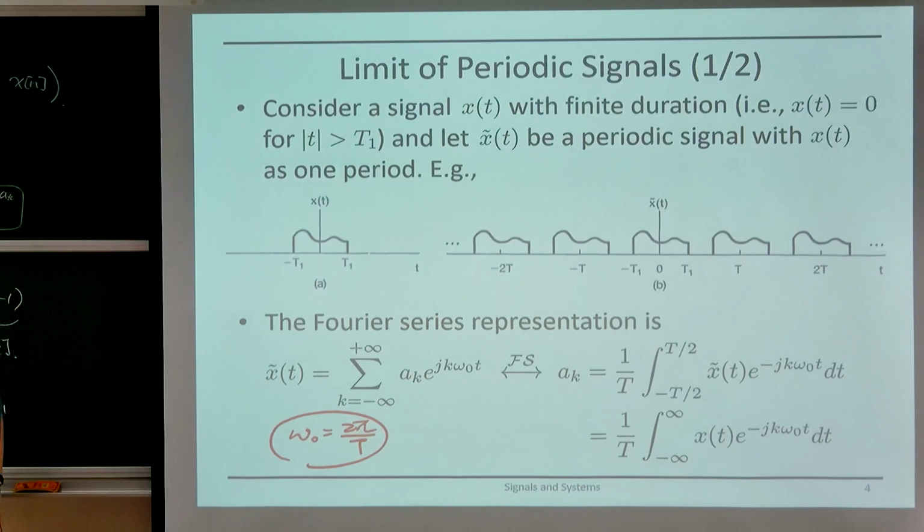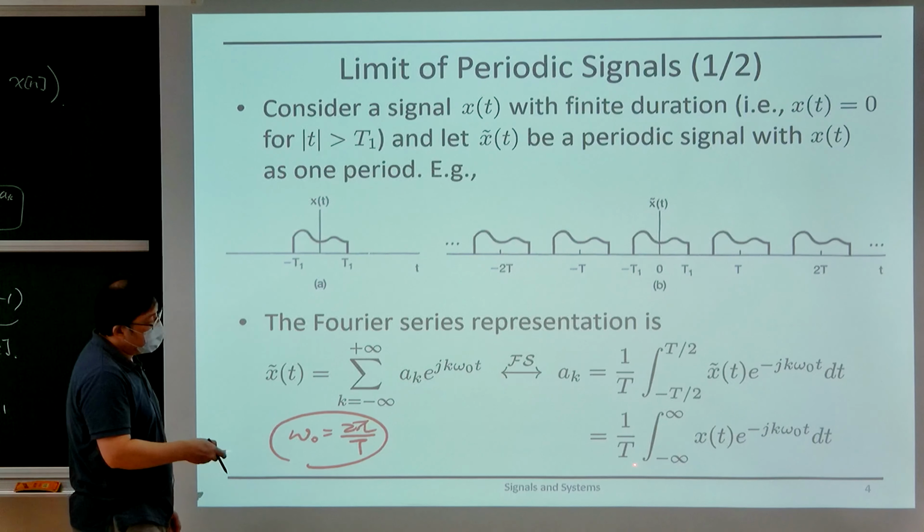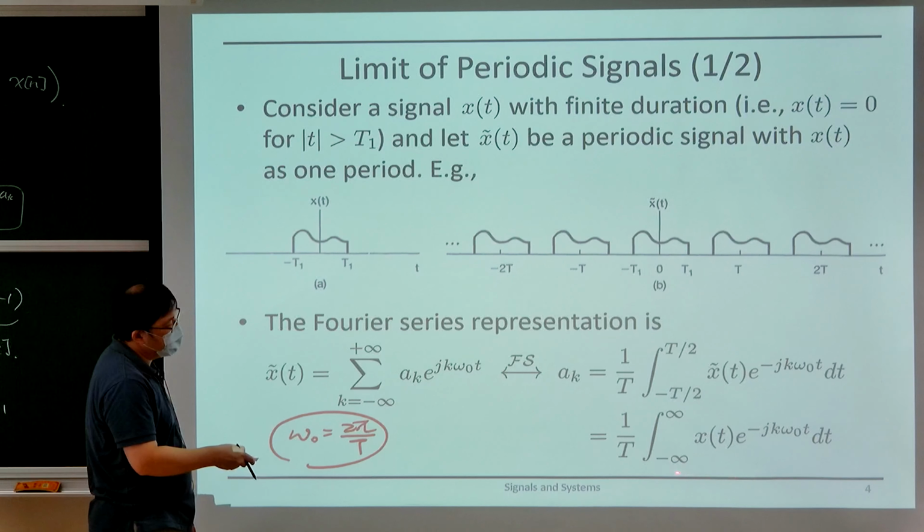Okay? So a_k you can view as 1 over T, the integral of this aperiodic signal times e to the minus j k omega naught t dt. Now, this integral is very important to us.